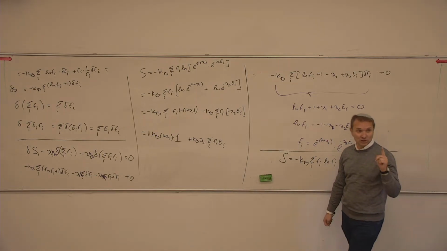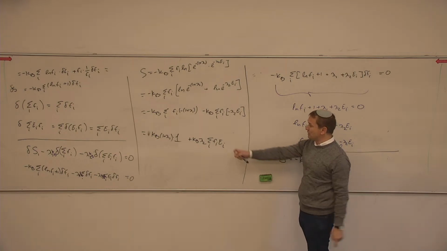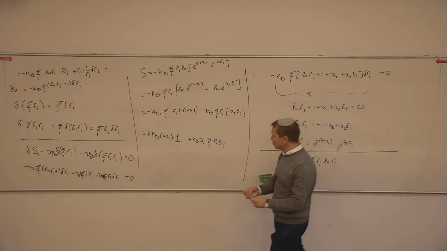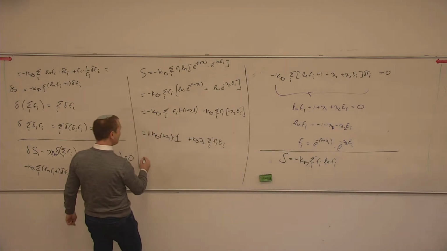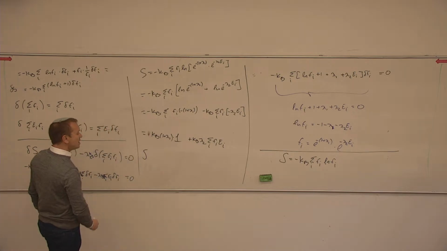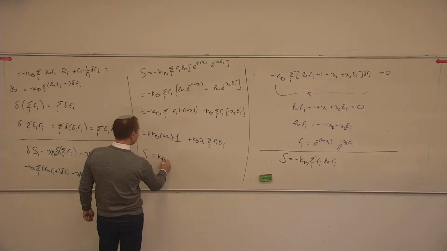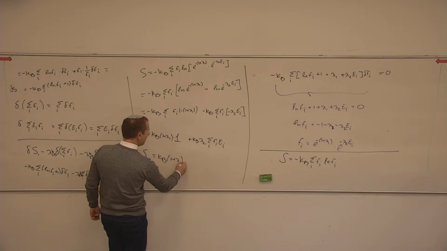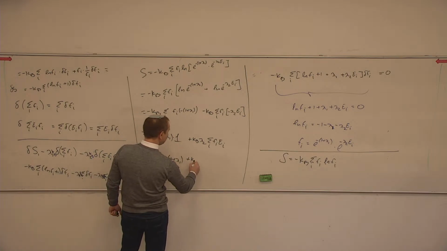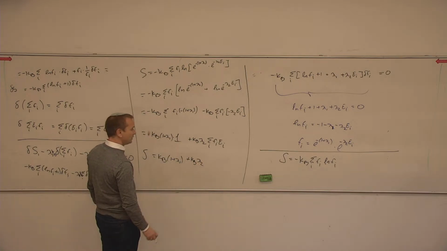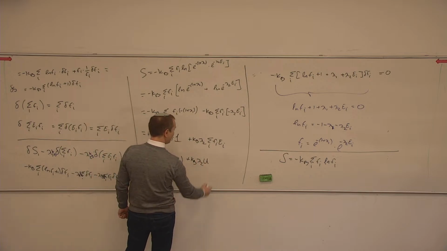It's the probability for any given state multiplied by the value of the energy of that state. So look what we got: S equals k Boltzmann (1 plus lambda 1) plus k Boltzmann lambda 2 U.